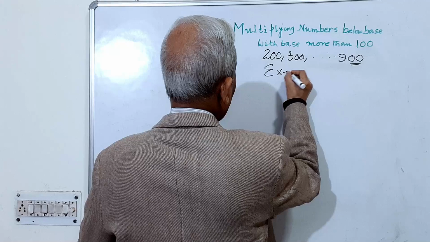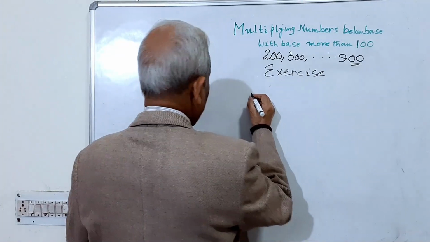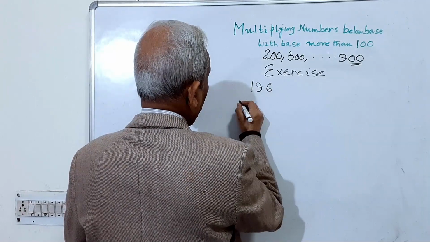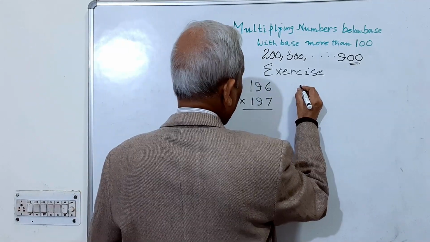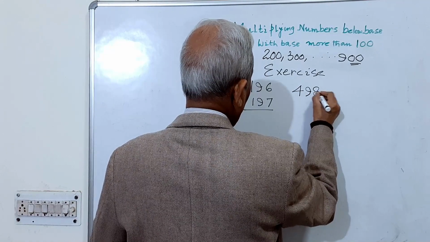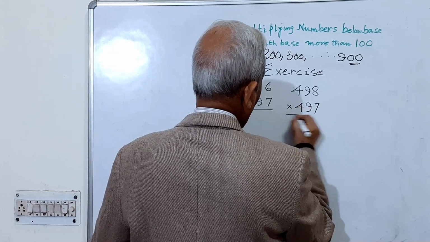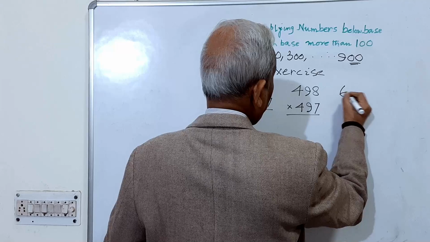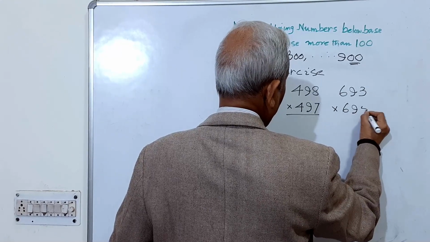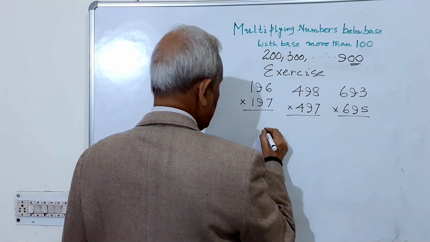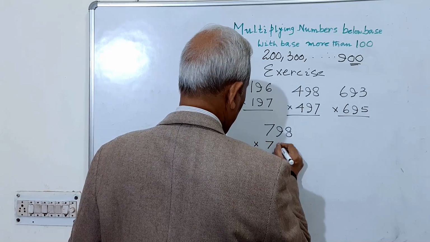Exercise: 196 into 197, 498 into 497, 693 into 695, and 798 into 799.